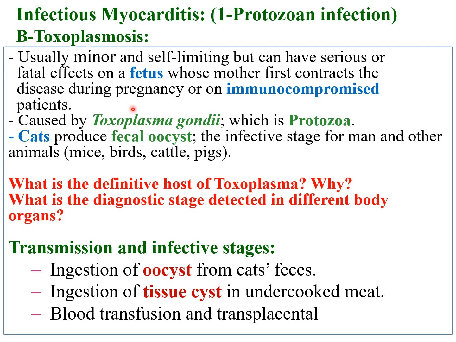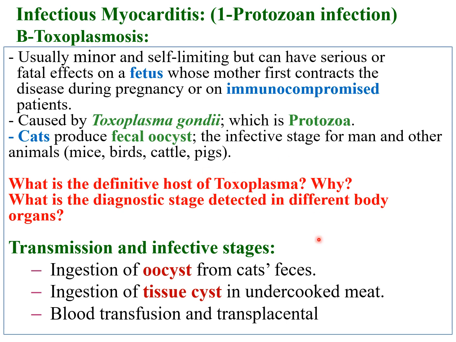So those who are at risk are fetuses inside the uterus and immunocompromised patients. Pregnant ladies themselves are not at risk of severe disease. It is the fetus inside the uterus who might suffer from congenital anomalies.